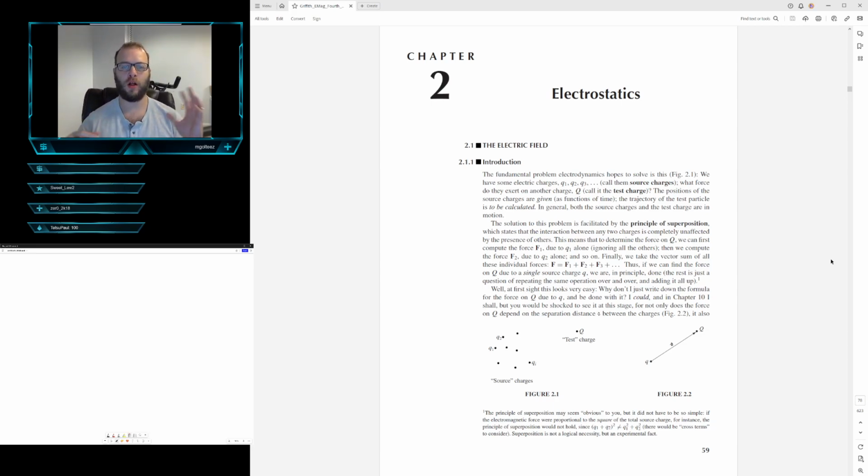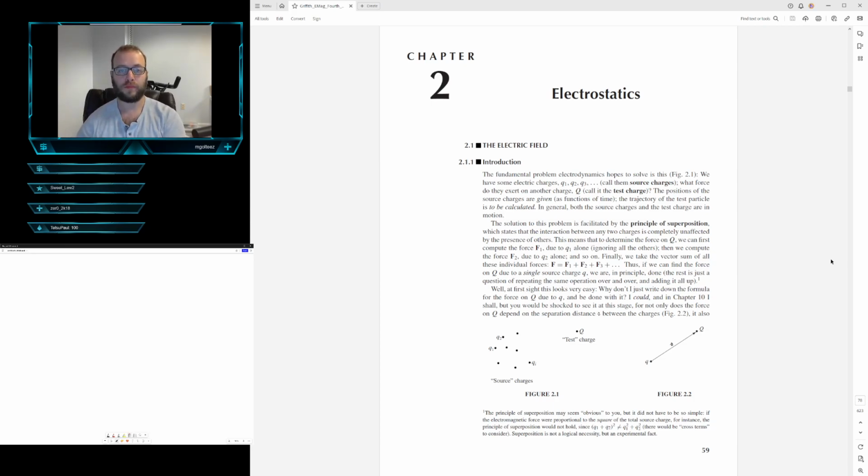So we're going to call all of these source charges Q1, Q2, Q3, Qi, and we're going to call this test charge capital Q. So what forces do the small q's exert on the large Q?